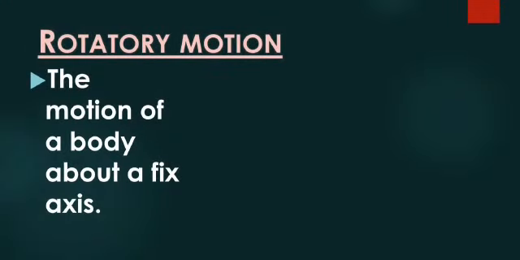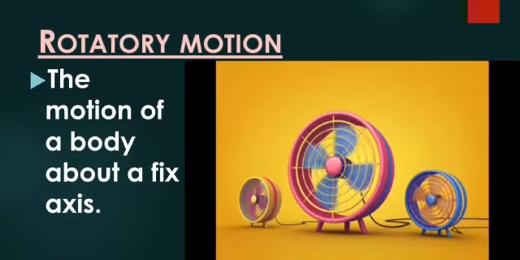The next type of motion is rotatory motion. It is the motion in which a body fixes itself at a point and moves about that fixed axis. For example, the motion of a fan.